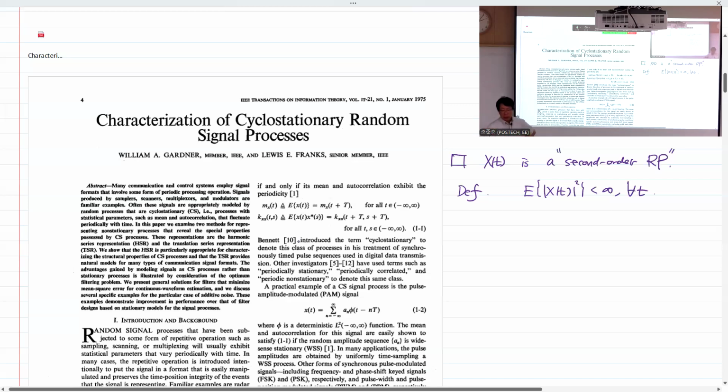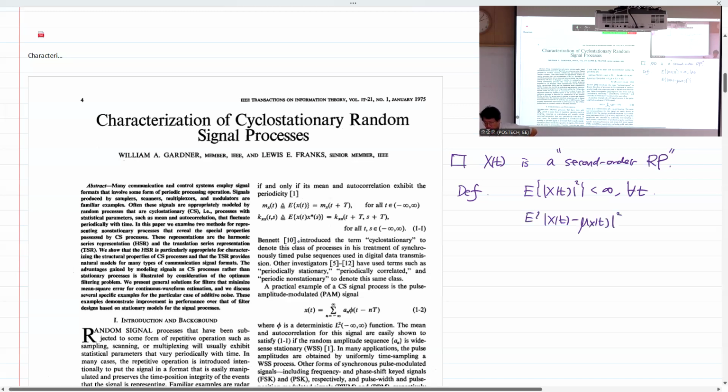So here, second order means that it has non-central second order moment well defined. Got it? And usually, second order random process sometimes means the existence of a mean process. So be careful.